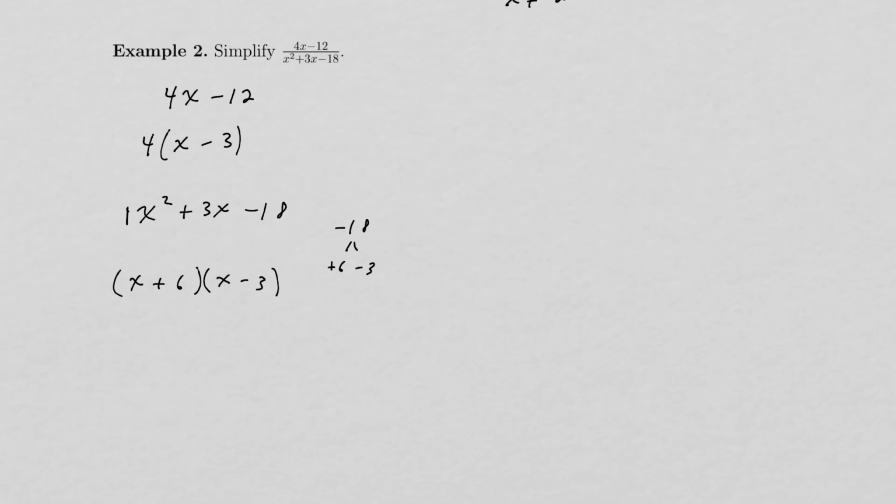So the original expression is going to be 4 times x minus 3 over x plus 6 times x minus 3.